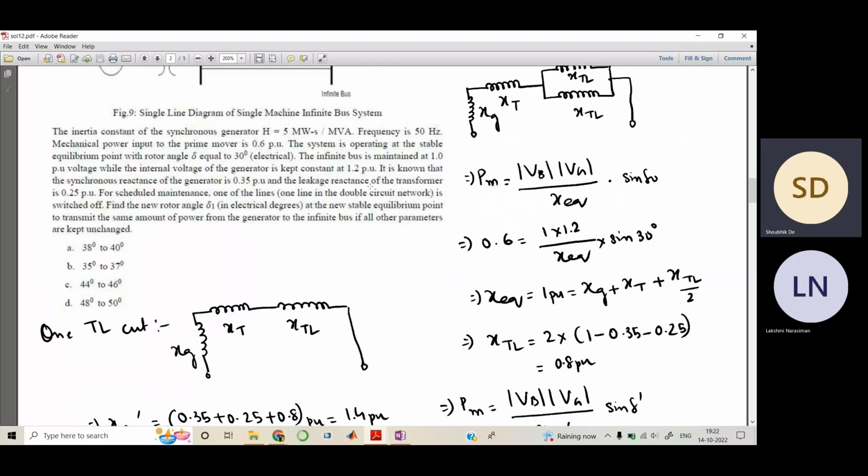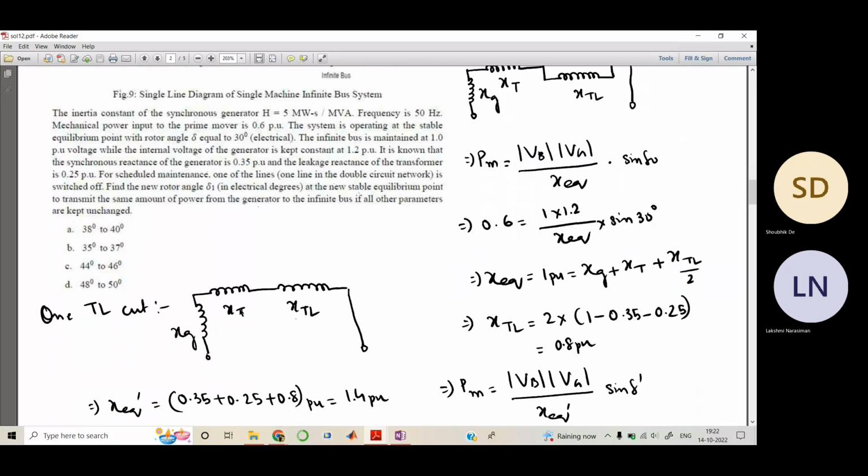Now they are telling us that for scheduled maintenance, one of the lines is switched off. So your new network becomes this, and they are asking what would be the load angle, considering the same amount of power from the generator to the infinite bus.